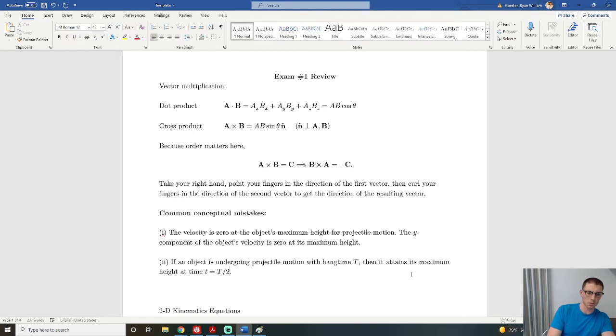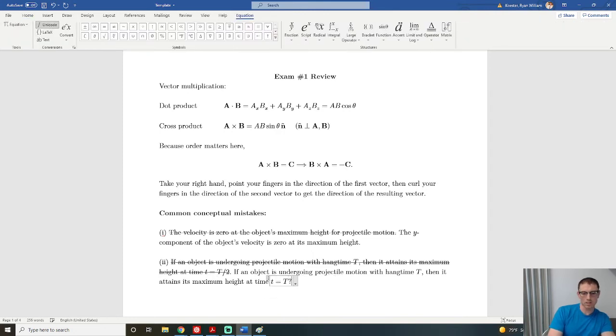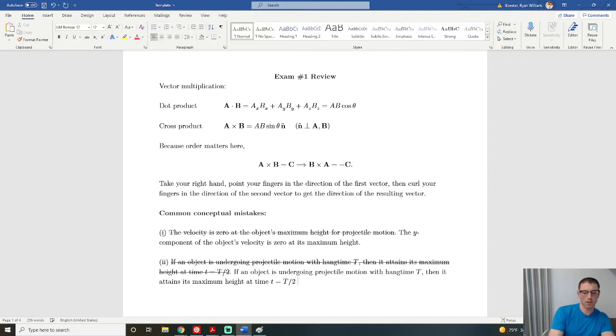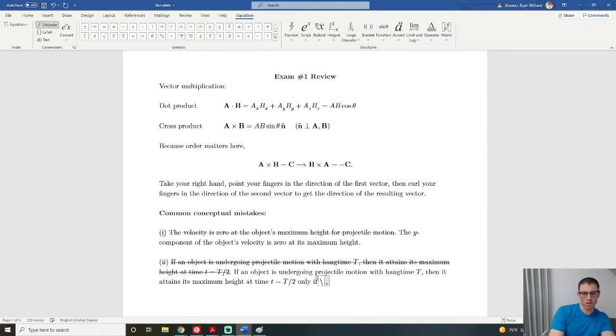So this is incorrect, right? We were just talking about this one also. So I'm going to put a line for this. And then I will just say, if an object is undergoing projectile motion with hang time big T, then it attains its maximum height at time t equals big T over 2, only if, and we'll just say delta y is 0, right?